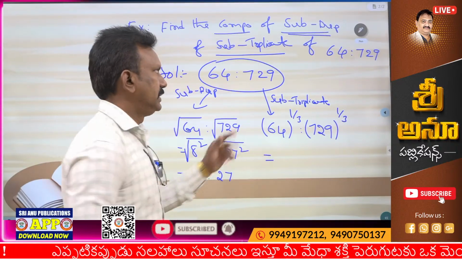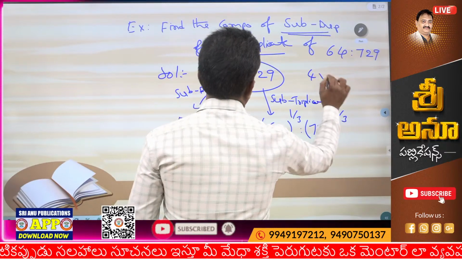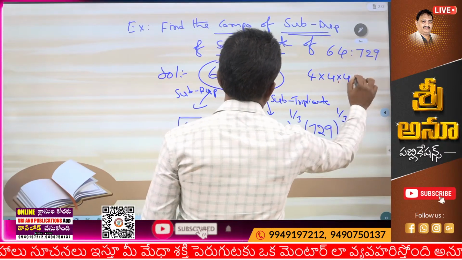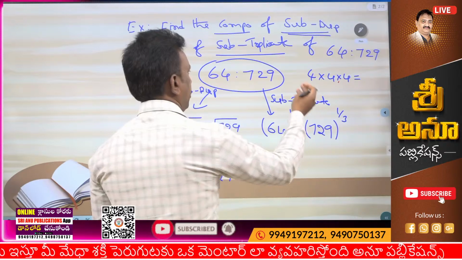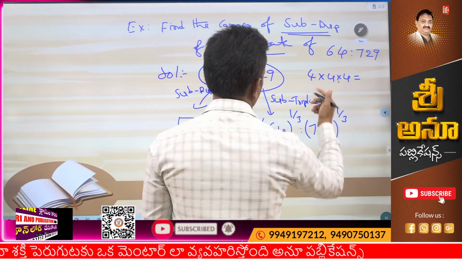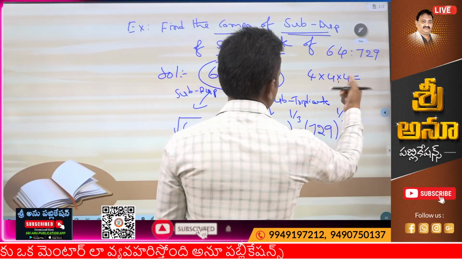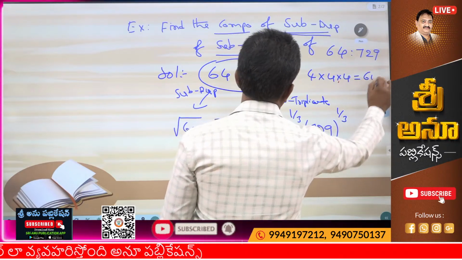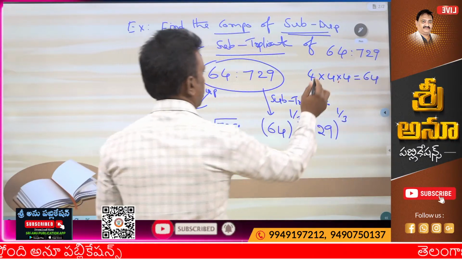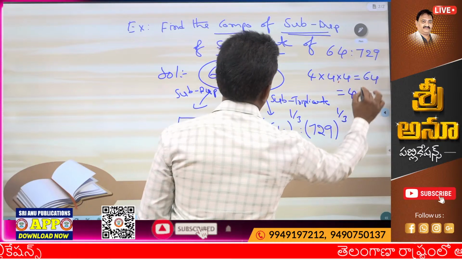Write 4 into 4 into 4: 4 fours are 16, 16 fours are 64. So it will be written as 4 cube.